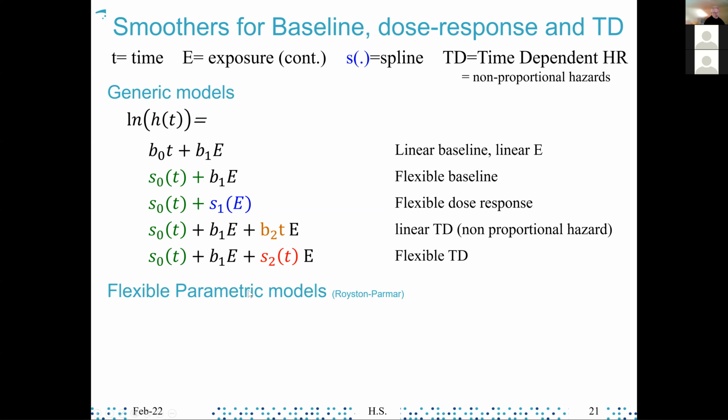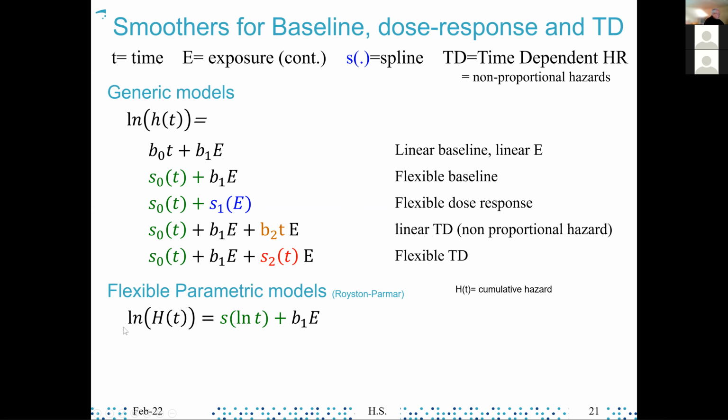Now I'm just going to show you the equations for the flexible parametric models. And by the way, they are also called Royston-Parmar models. So they do a model in capital H of T, which is the cumulative hazard.